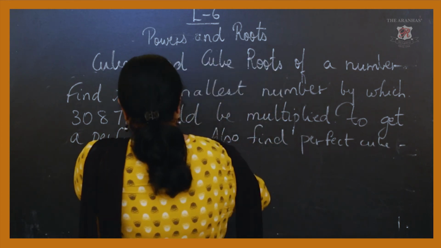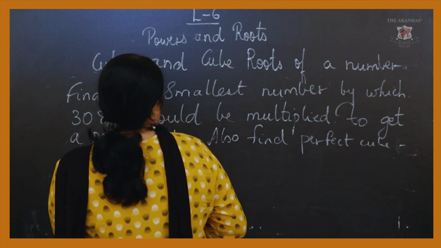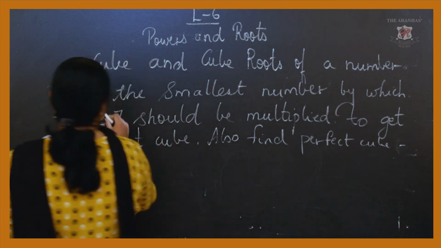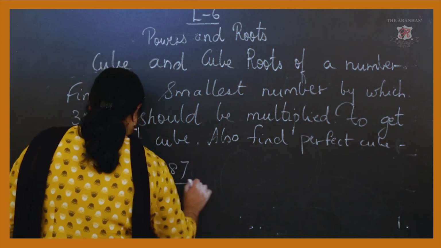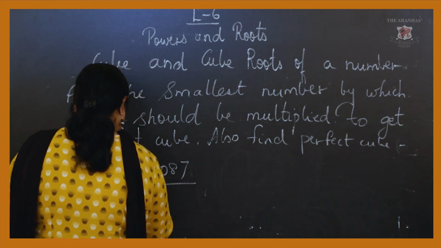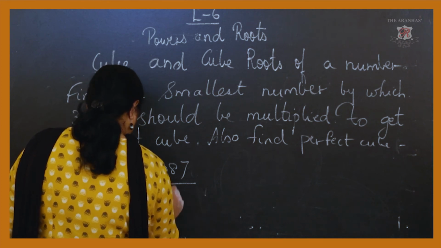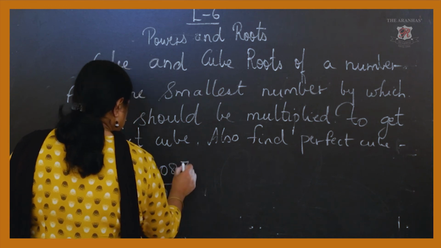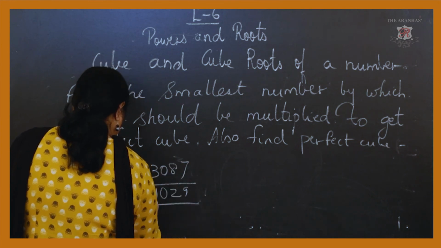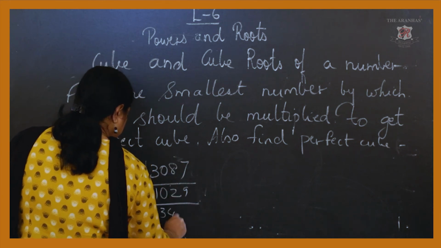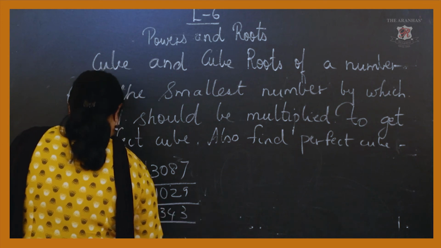Okay, so now what we are going to do, we have been given what? 3087. So 3087, we are going to factorize it, which will be 3 ones are 3, 3 twos are 6, 3 nines are 27. Again 3 threes are 9, 3 fours are 12, 3 threes are 9.